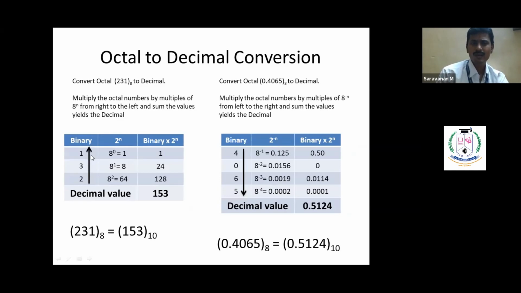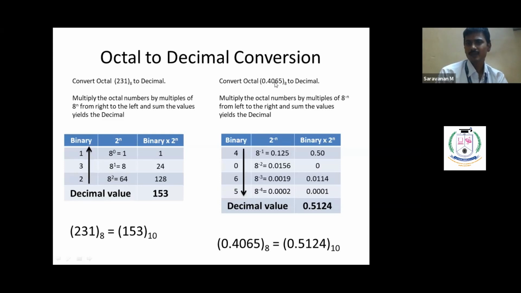The logic is very simple. Take the integer portion and multiply by powers of 8: 8 power 0, 8 power 1, 8 power 2. 8 power 0 is 1, then 8 and 64. Just multiply by these numbers. 1 into 1 is 1, 3 into 8 is 24, 2 into 64 is 128. Just sum it up and we get the decimal number.